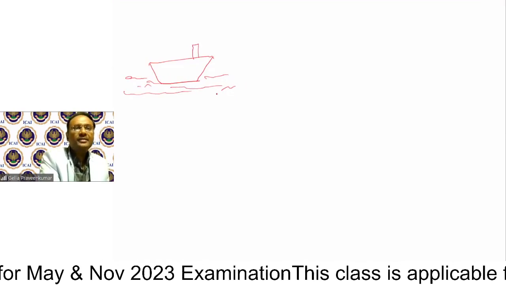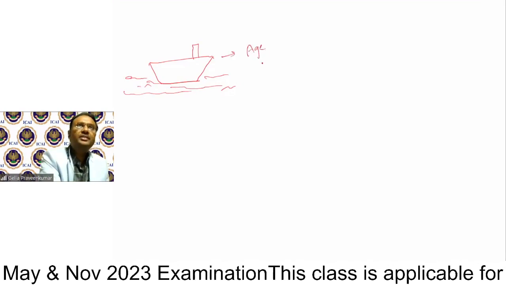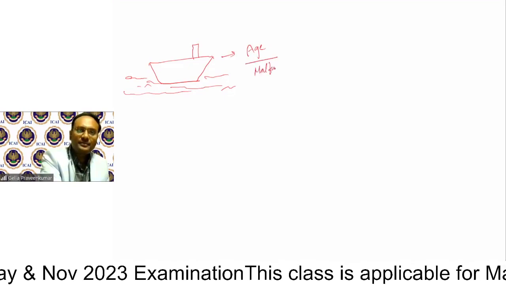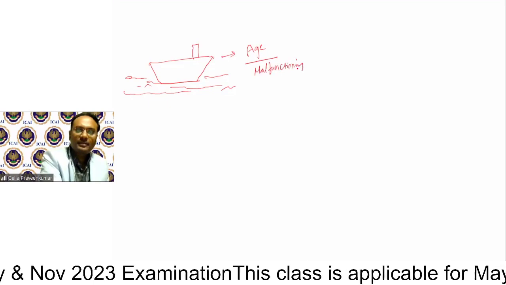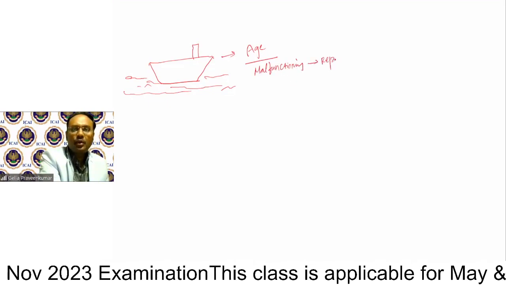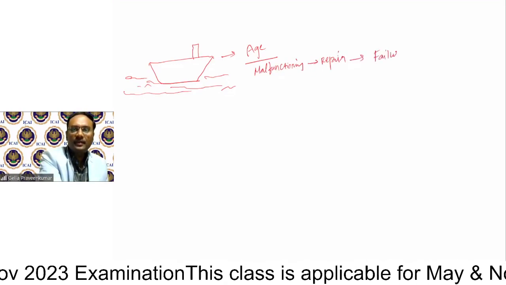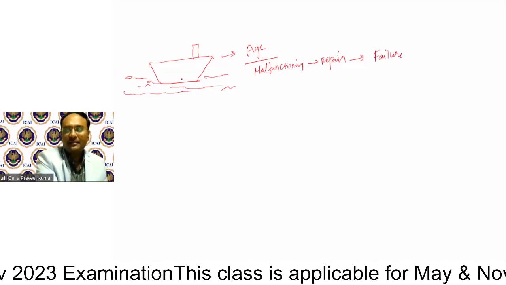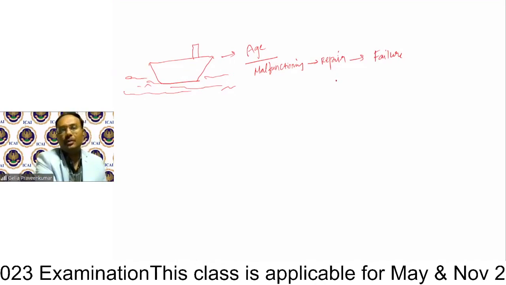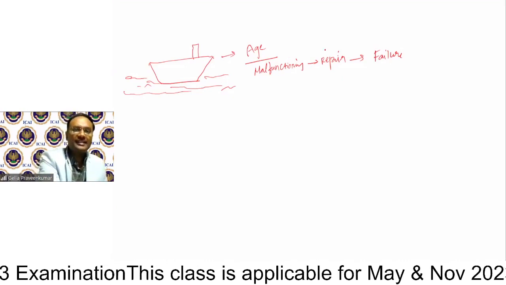There could be scenarios where this vessel, because of age, will be malfunctioning. Means, in spite of repair, the hope of operating is a failure. There was some malfunctioning where even after repair, they have lost the hopes and they have left the vessel as it is.